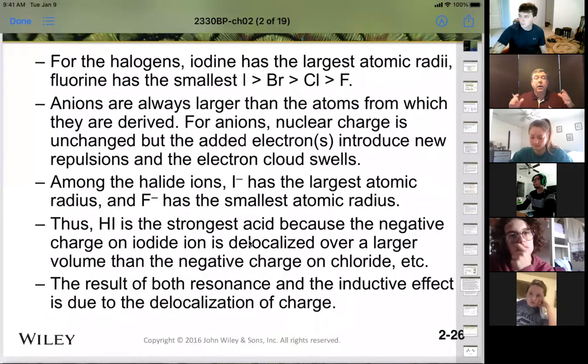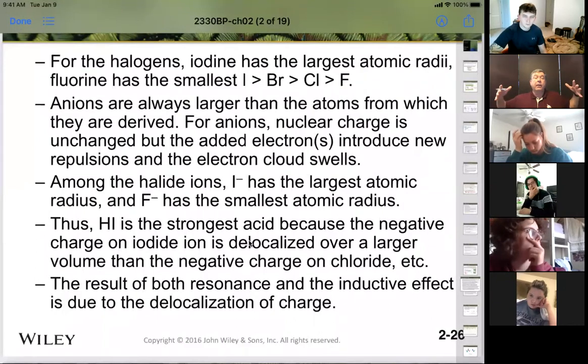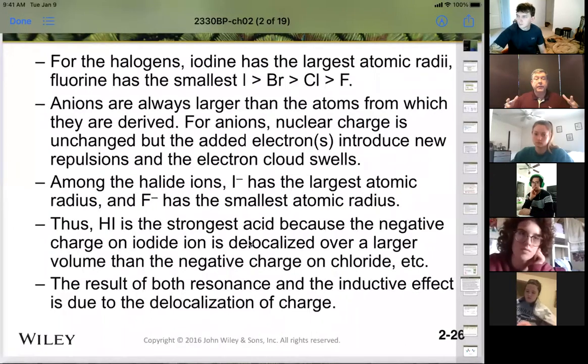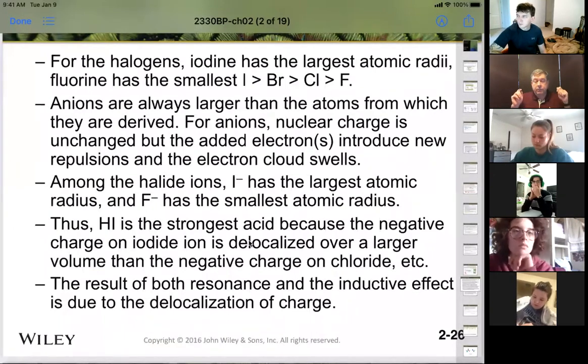The anions are always larger than the atoms they're derived from, because you're adding an electron to fill that outer shell, and so that electron cloud gets bigger. Every time you add an electron to that cloud, it gets bigger and bigger. Even if we compare the ratios between those, fluorine is always going to be a very, very small atomic radius. Iodine is going to be a very large atomic radius, making it more acidic.